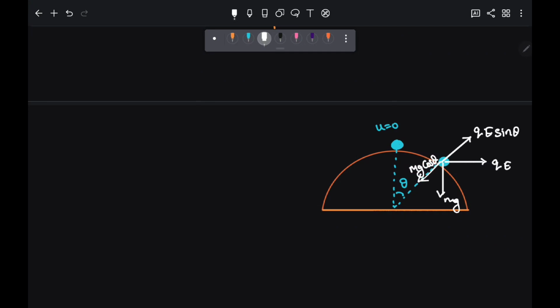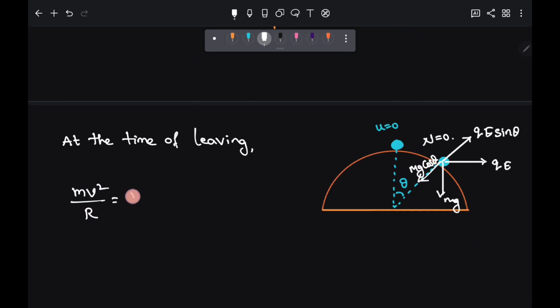At the time of leaving, the normal reaction is 0. So the necessary force is created by mg cos theta and QE sin theta. The force balancing equation is mv square by r equals mg cos theta minus QE sin theta. This is equation number 1.